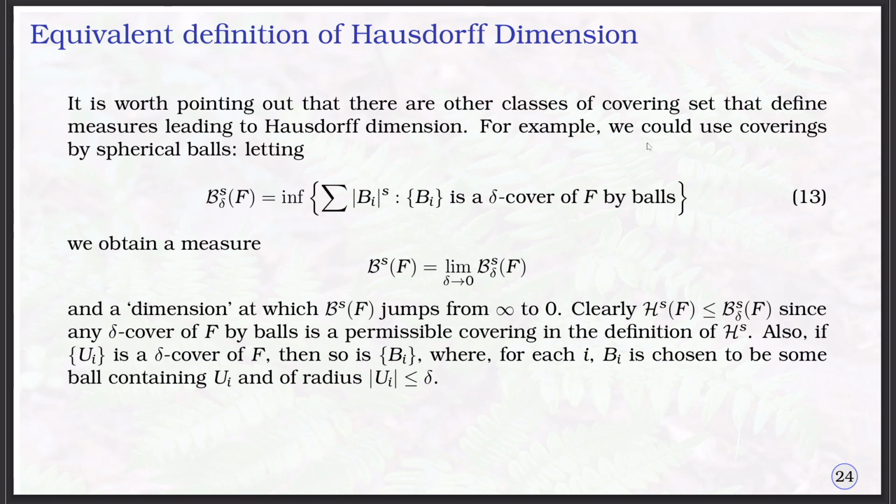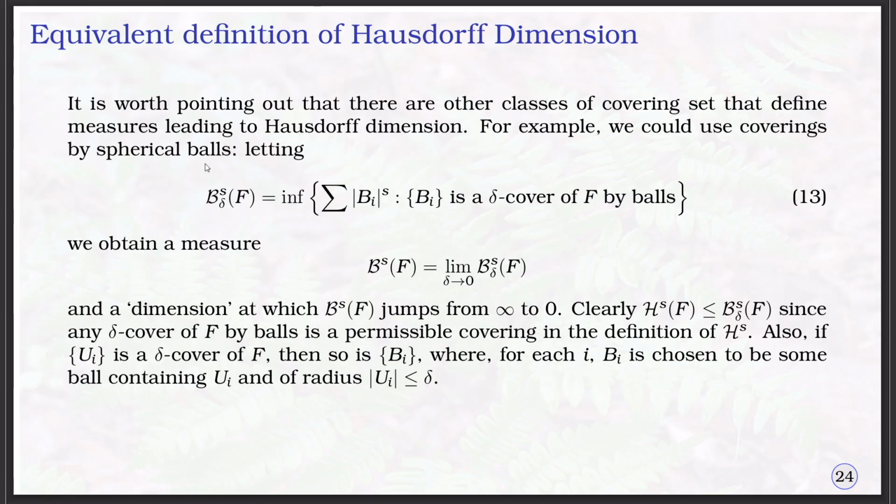By taking the delta cover Ui, we cover the set F. Now, you can think that instead of the arbitrary set Ui, if you take some specific structure, then what is the effect on the Hausdorff dimension? Let us discuss. For instance, we could use covering by spherical balls instead of arbitrary sets Ui.